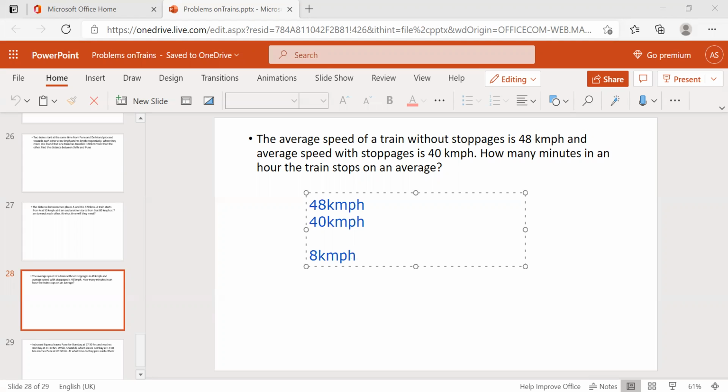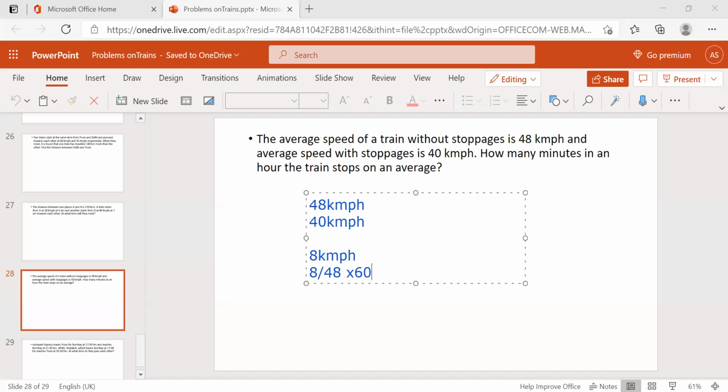Now we know the difference of 8 kilometers. Then you calculate how many minutes they are asking: 8 kilometers per hour divided by 48. So 8 by 48 into 60.